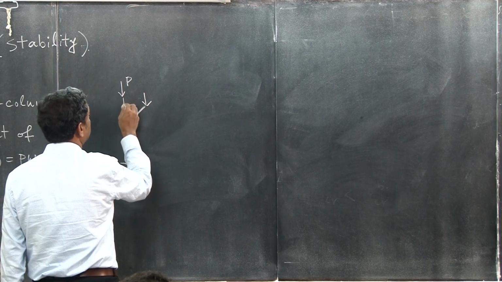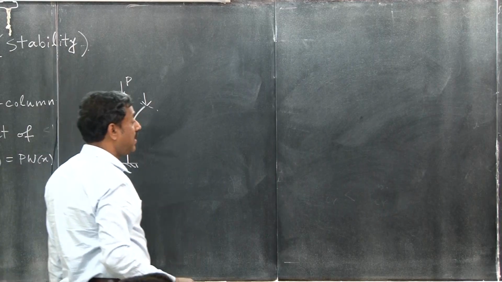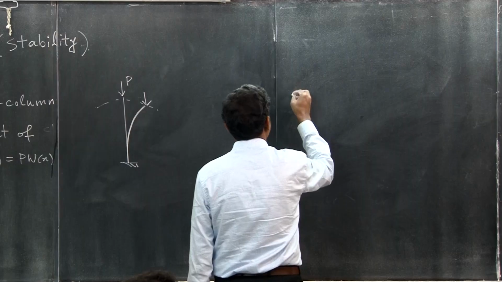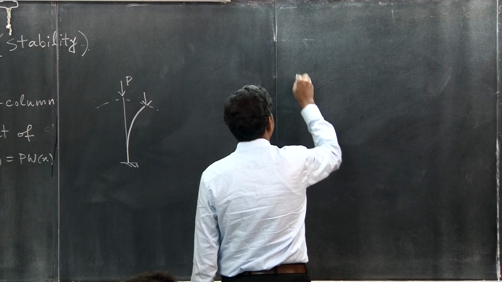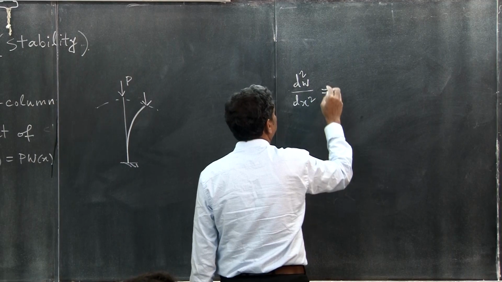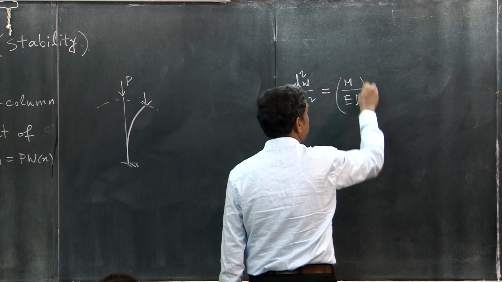There is some deflection, and what we write is the curvature d2w/dx2 for beam bending, which is M by EI.